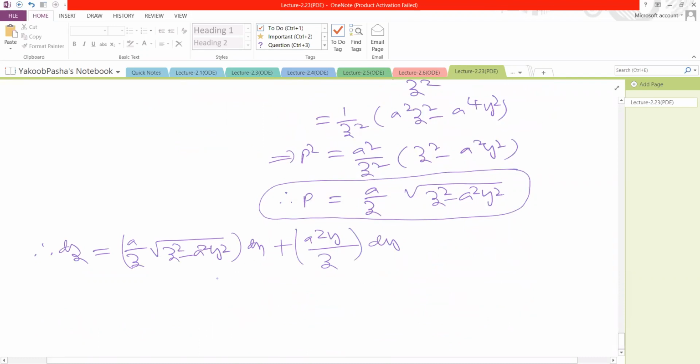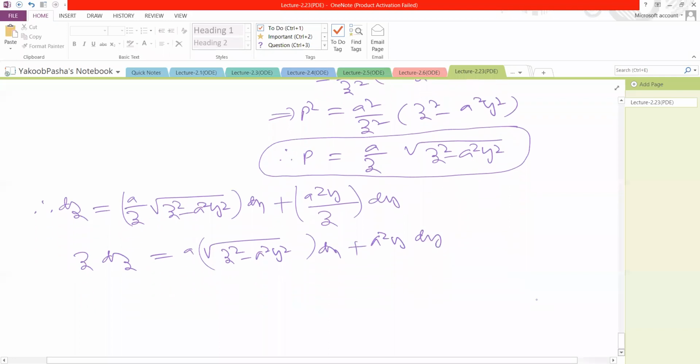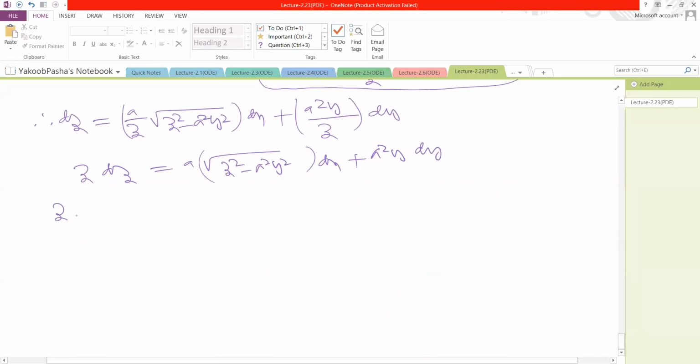So by cross multiplication we get z dz is equal to a into under root of z square minus a square y square into dx plus a square y dy. So I am writing this equation as z dz minus a square y dy is equal to a into under root of z square minus a square y square into dx.